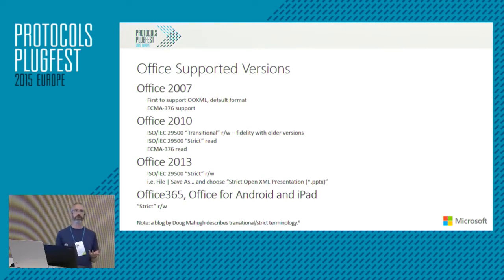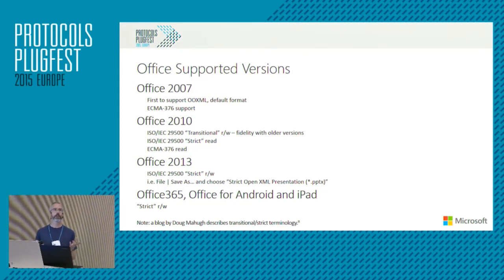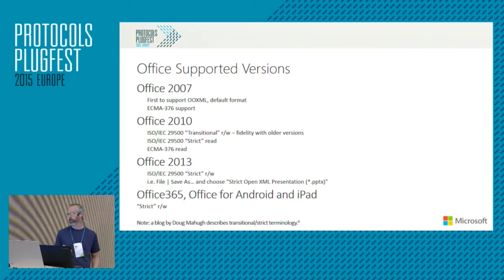The strict support was the agreed upon and approved set of markup elements by the standards body, so it would be more widely accepted and applicable for third-party products and all products. So the 2013 version, which is the final standalone version of Office, can read and write the strict conformance. And I will spend a little bit more time on that in just a sec.